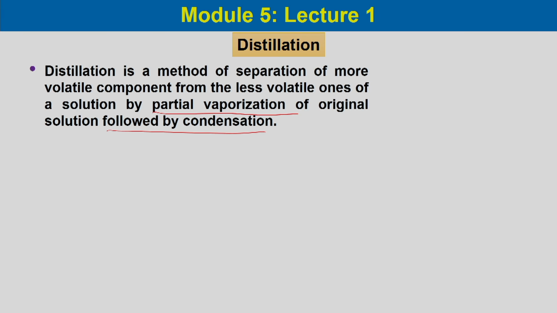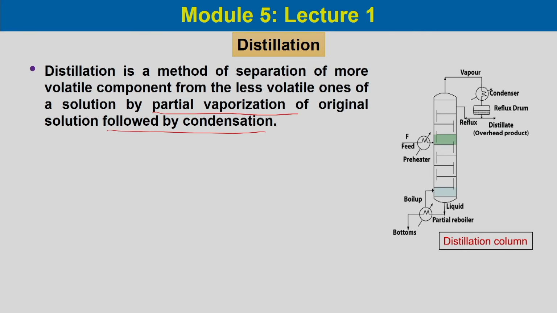Unlike in absorption, where we add a solvent, the third component, to separate a gaseous mixture, in this case we have a liquid mixture that is partially vaporized, and the solution generates the vapor of the more volatile components, and then by condensation it separates the mixture of components. That is why in distillation we do not use any third component. We take the mixture and separate the components based on their boiling points.